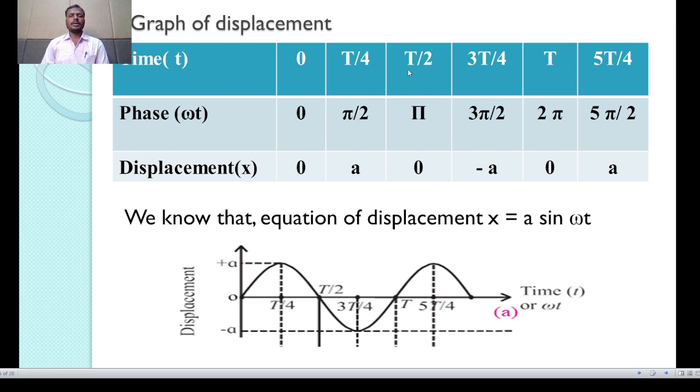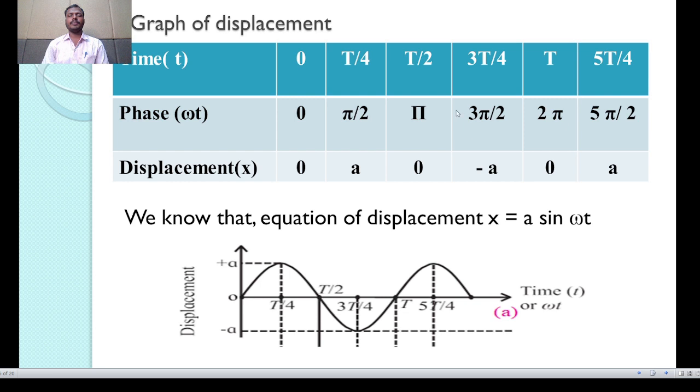Another point: phase is omega t, where omega is 2 pi divided by capital T multiplied by small t. Putting small t as T/2, the 2 and T get cancelled, we get pi.